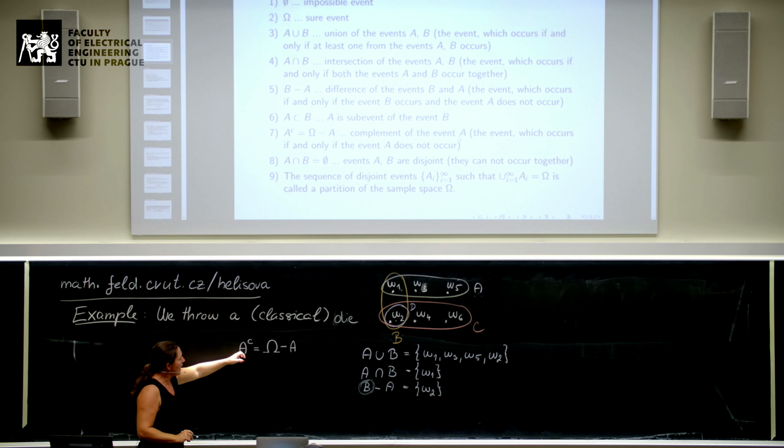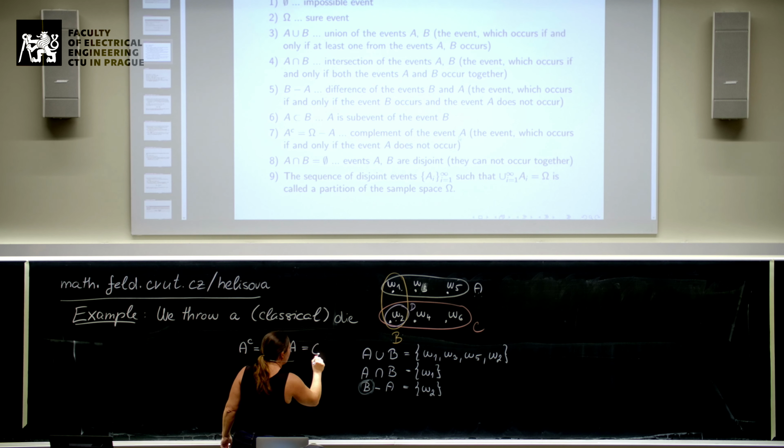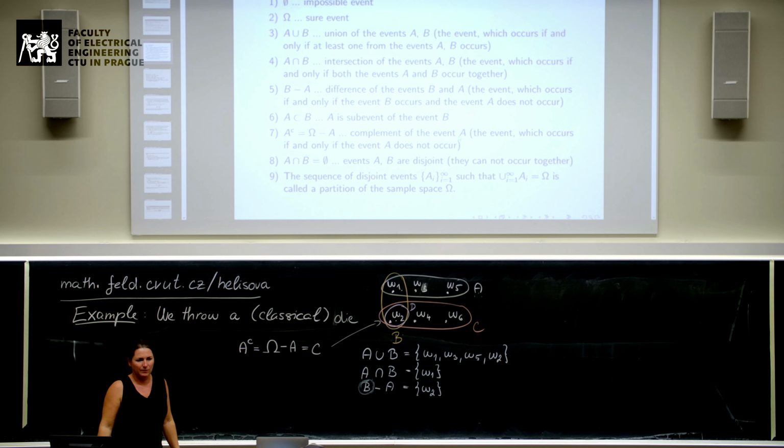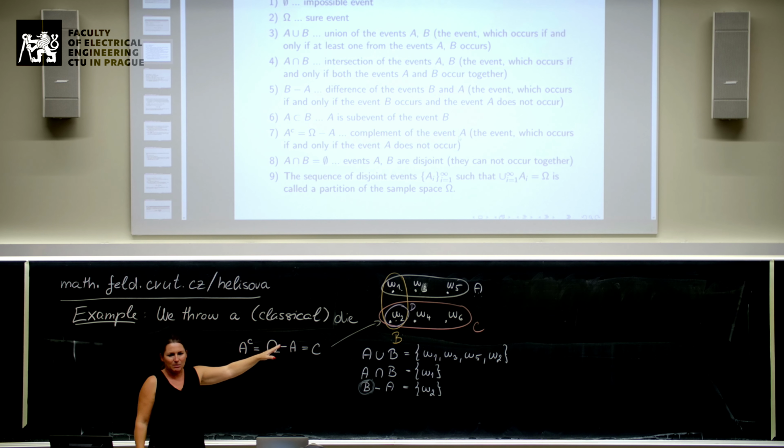So in our case, when A means that the number of spots is odd, then the complement is that the number of spots is even. So in fact, in our case, it is the event C. And it is very practical when we want to calculate the probability of A. Sometimes it is easier to calculate the probability of the complement, and there will be some useful, very easy relation between these two probabilities you will see on the next slide.